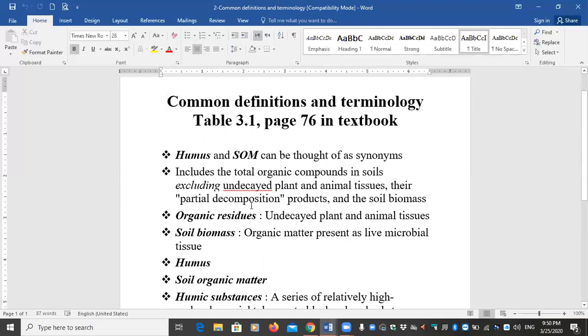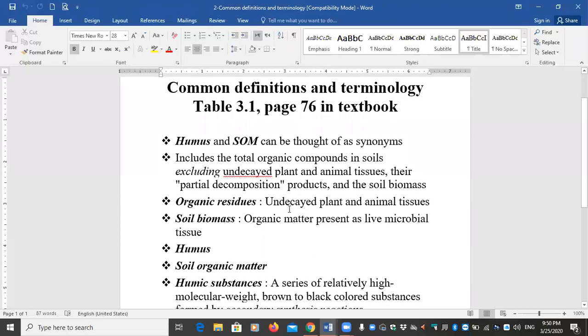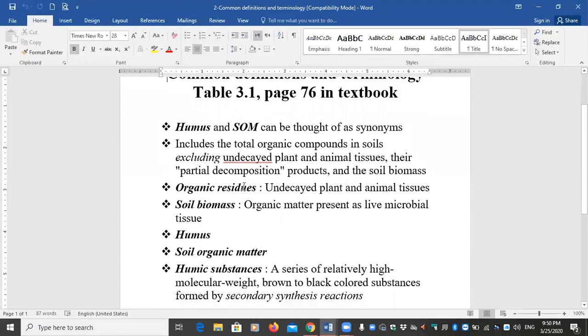If they are partially decomposed, they have not decomposed all the way to form humus. And the soil biomass, the biological things that are living in soil, are also excluded. Organic residues, undecayed plant and animal tissues, like we said a little bit above. So the organic residues are not part of humus or organic matter.